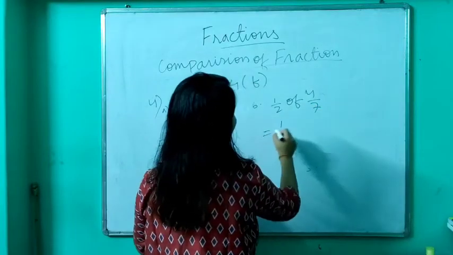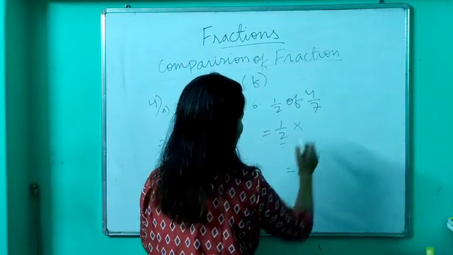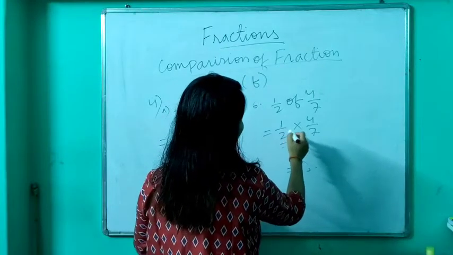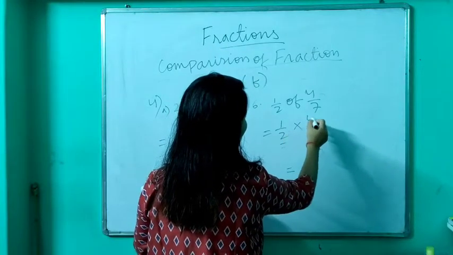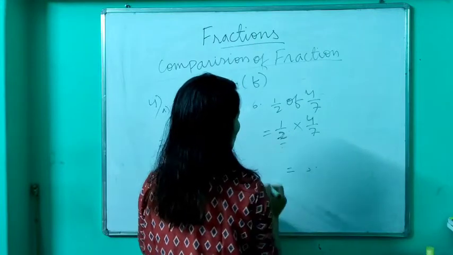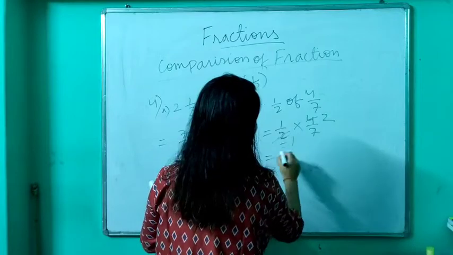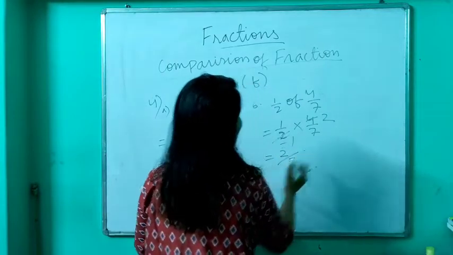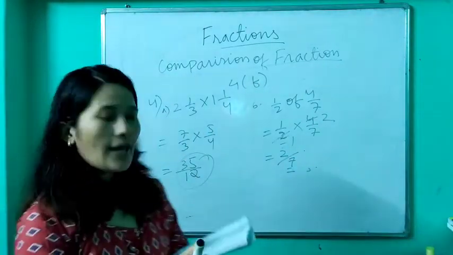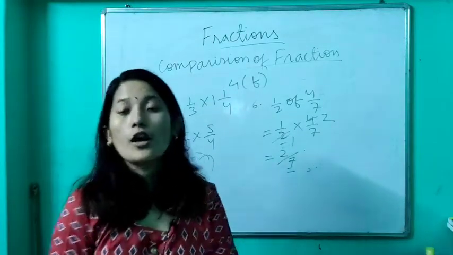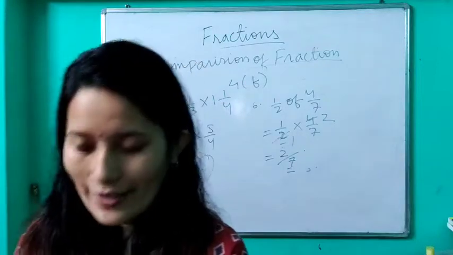Here you replace "of" with multiplication sign, write down the same thing, and simply now if you see this 2 here, in numerator you have 4 and here in denominator you have 2, so it can be cancelled. 2 1s are 2, 2 2s are 4, so answer would be 2 divided by 7. This would be your answer. So this is how you carry out the multiplication for the fraction.